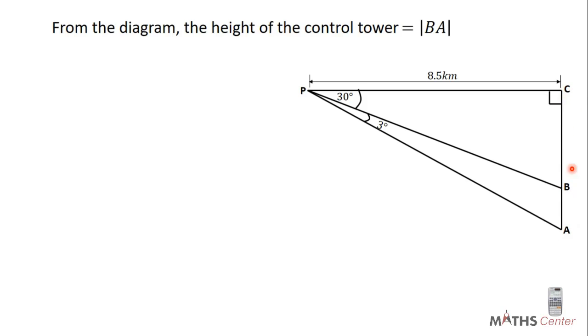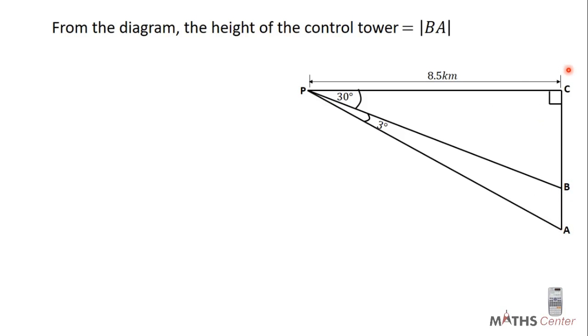We can find CB and CA because they are both in right angled triangles. So you can either use the Pythagoras theorem or use the trig ratios to find it. It will be difficult finding BA straight away because the triangle PBA is not a right angled triangle.